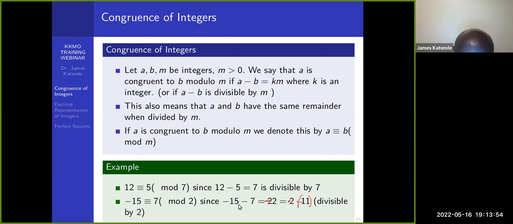So the difference, -15 minus 7, can be written as a multiple of 2, and therefore -15 is congruent to 7 modulo 2. Hopefully there is no problem with that so far.